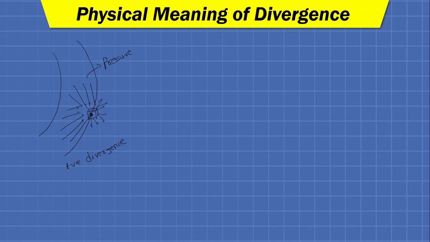Now if we seal the puncture, then what will happen? Now the total lines of pressure will be the same. So for this, the divergence will be 0, because nothing is originated and nothing is terminated. Fine.